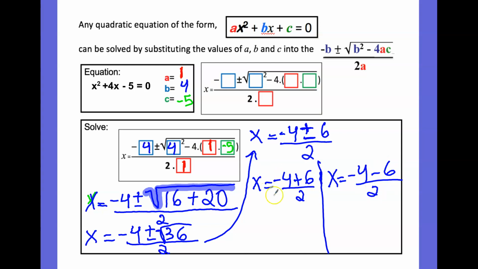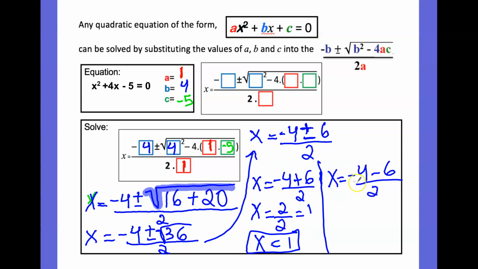Negative 4 plus 6 is 2, and we put 2 on the bottom. 2 divided by 2 is 1. So x equals 1. That is one of your answers.